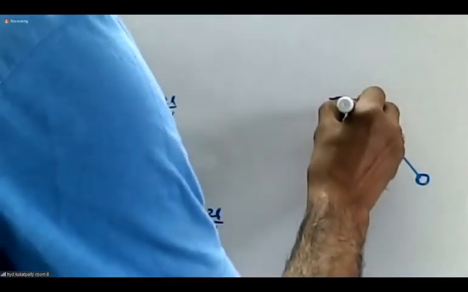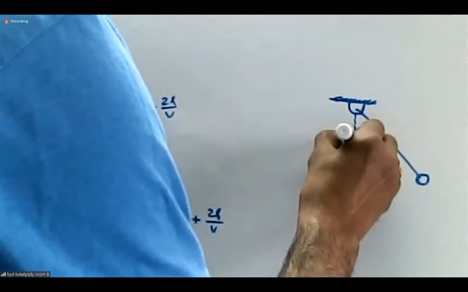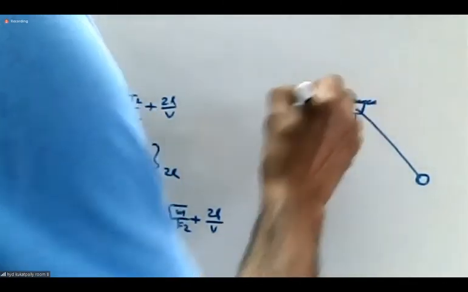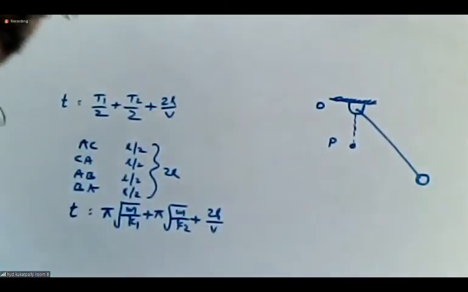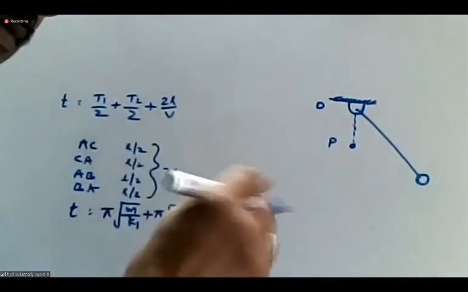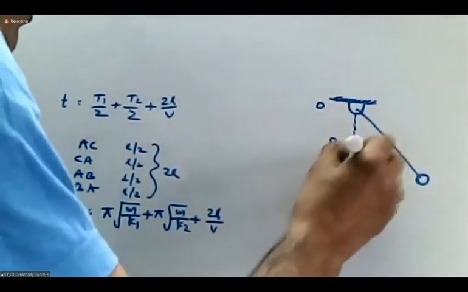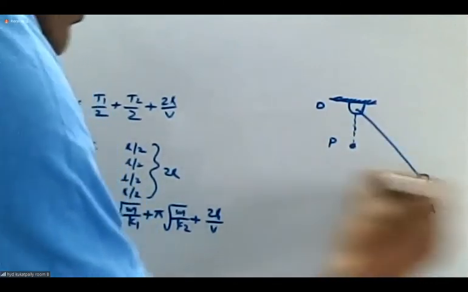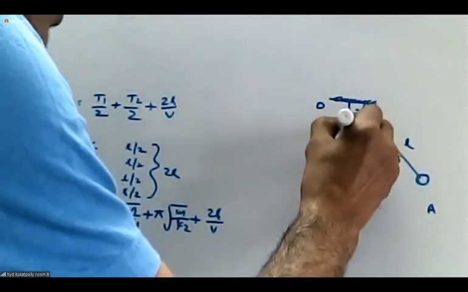This is the point of suspension O, there is a peg P here. Peg means a nail which catches the string. Initially it is swung to an angle. So position A released, length L. At L by 2 there is a peg.